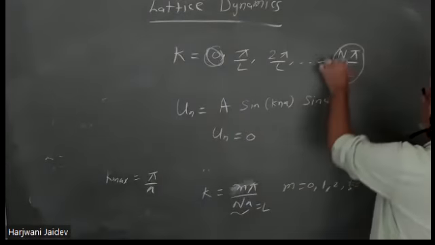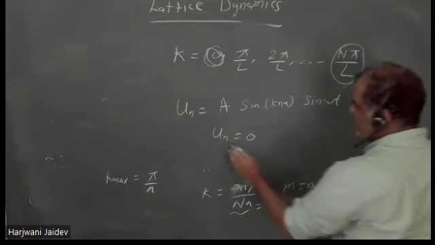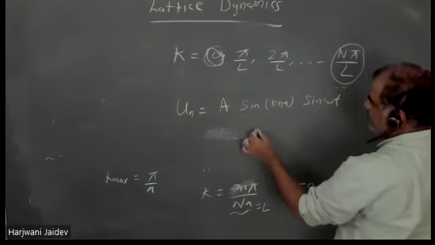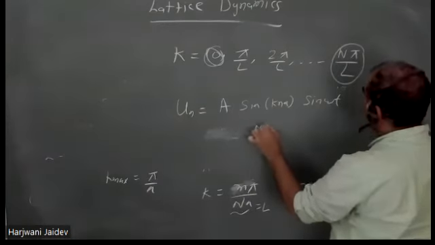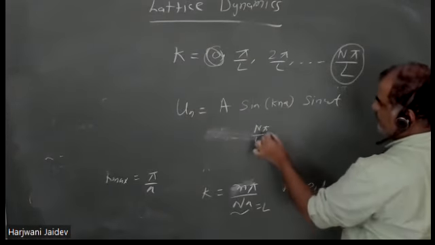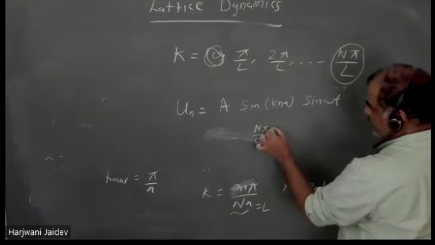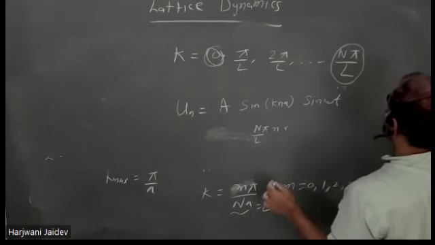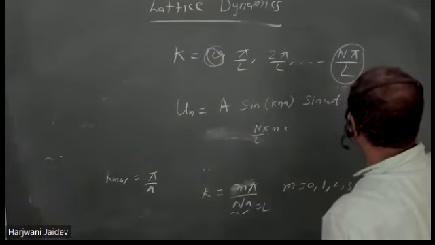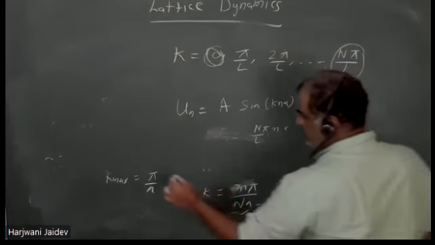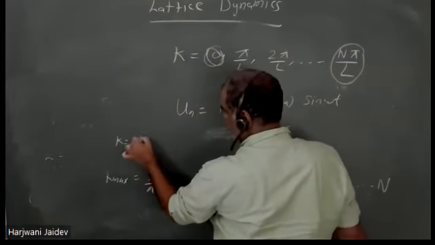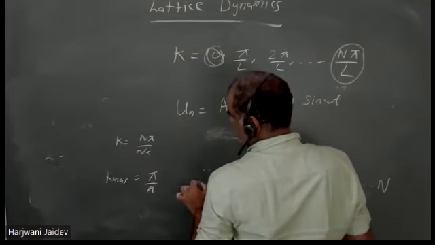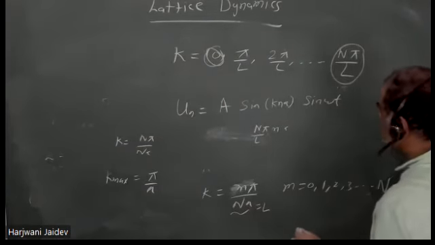So similarly, if I take n pi by L, if I put here k equal to n pi by L, or k equal to n pi by na, so this is k equal to pi by a.